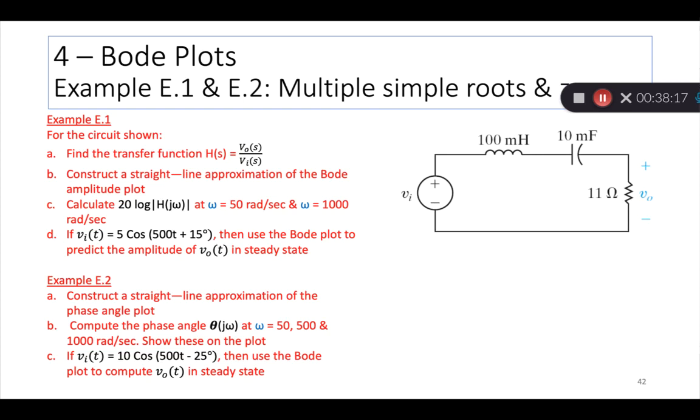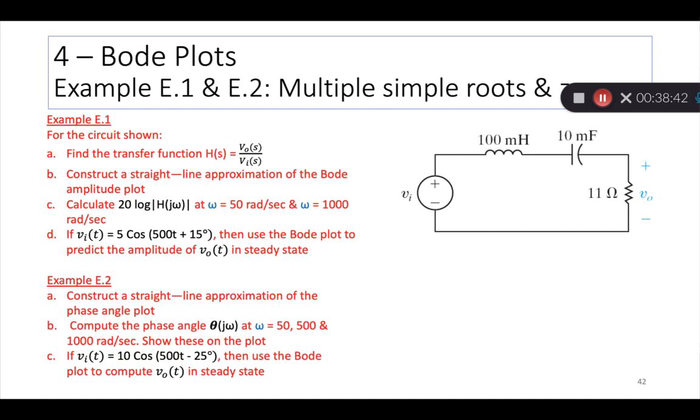Okay. So we see an RLC circuit, a series circuit, and he wants us to find the transfer function with Vout as the output, which is, remember, the output voltage across the resistor, not the capacitor. It's slightly modified, but anyway, output by input. Then B, construct a straight line approximation of the Bode amplitude plot.